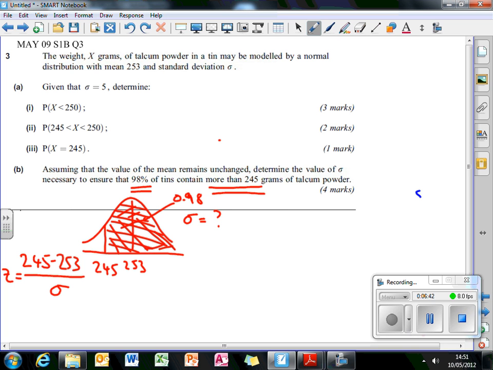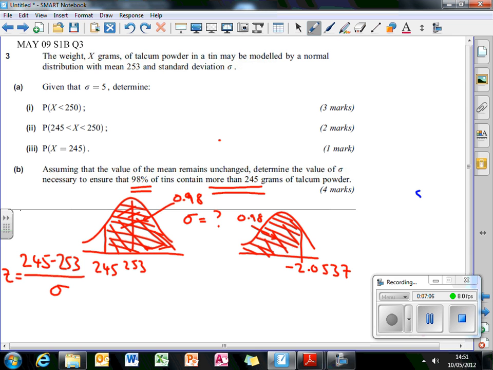So really the way you need to think about it is, if this area is 0.98, what z-score will that give you? So if you look up 0.98 in your smaller table, it'll give you a z-score of 2.0537.